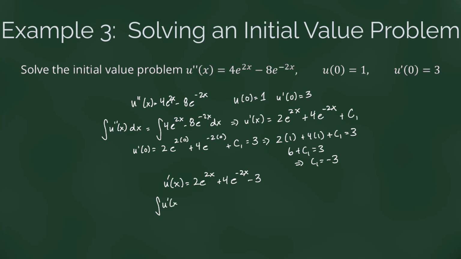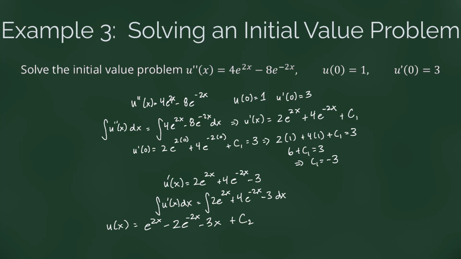The antiderivative of u prime of x with respect to x is going to equal the antiderivative of 2e to the 2x plus 4e to the negative 2x minus 3 with respect to x. On the left-hand side, we have u of x. On the right, we're going to get e to the 2x minus 2e to the negative 2x minus 3x plus another constant.